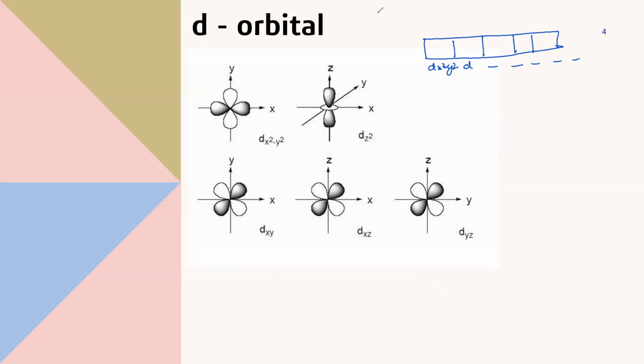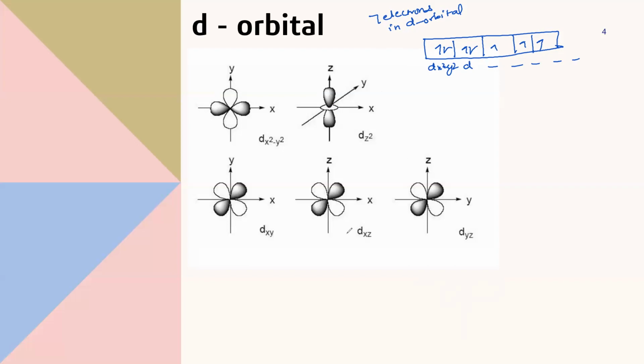So suppose I have to fill 7 electrons in d orbital. First of all, I will fill them singly, 1, 2, 3, 4, 5, 6, 7. Okay. Then I will do the pairing. First fill them singly and then do the pairing.